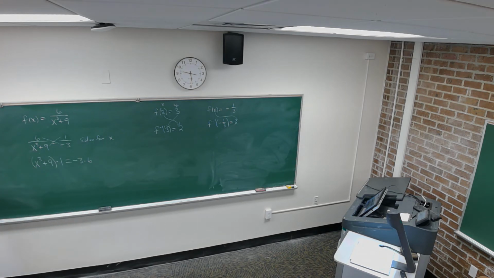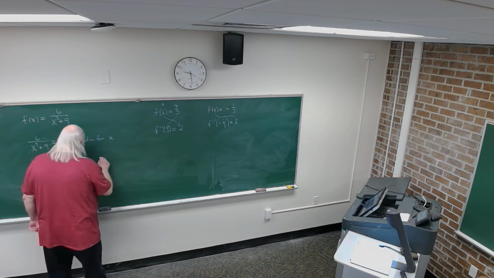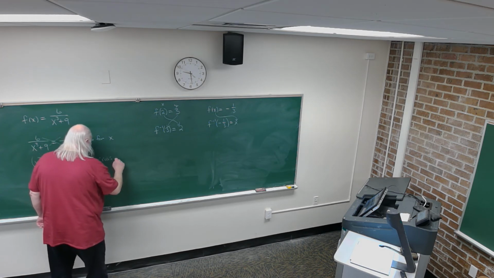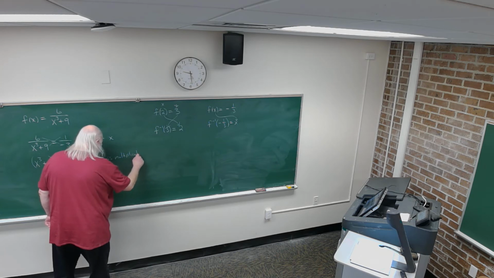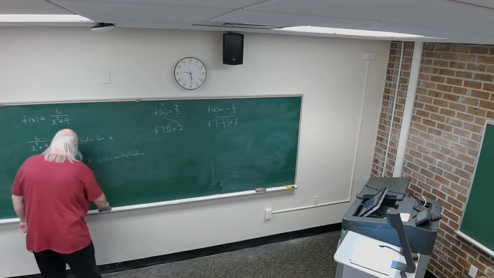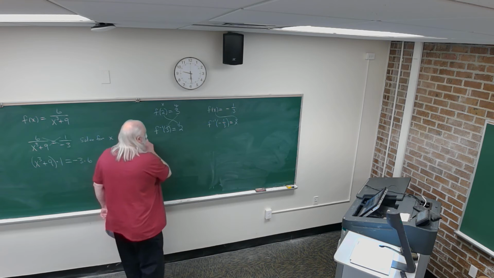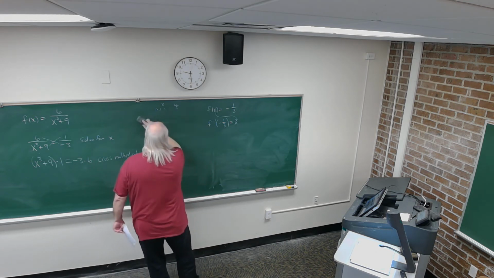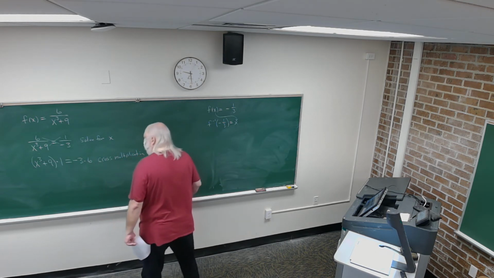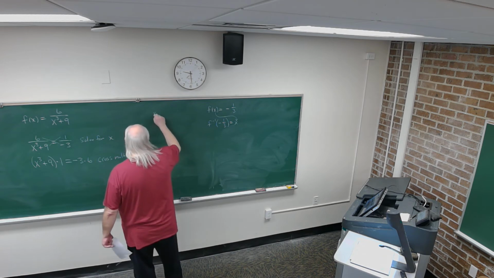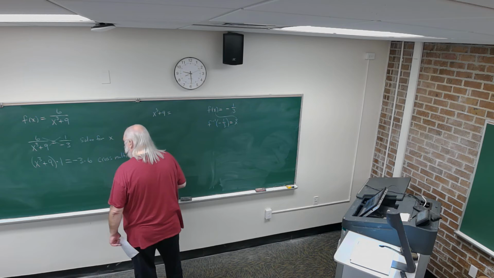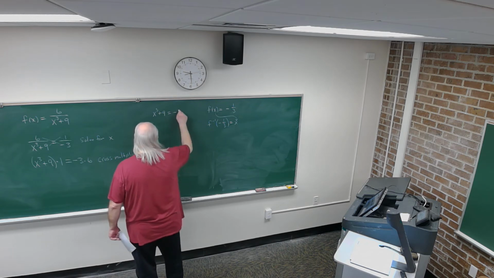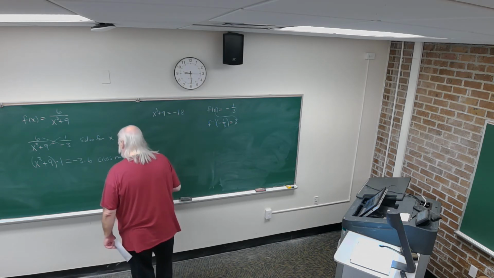So all I did was the old trick from high school, cross multiplication. So x cubed plus 9 times 1 is x cubed plus 9, and on the right-hand side, minus 3 times 6 is negative 18.